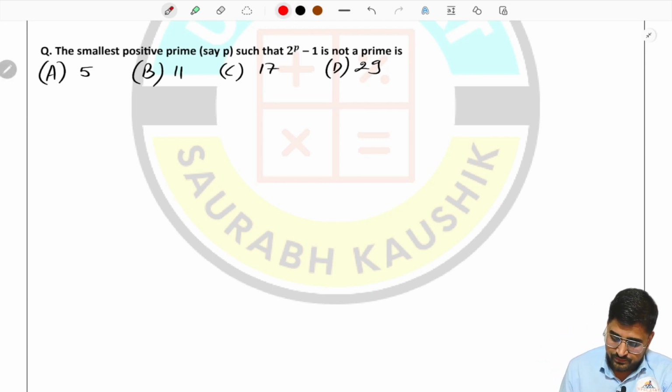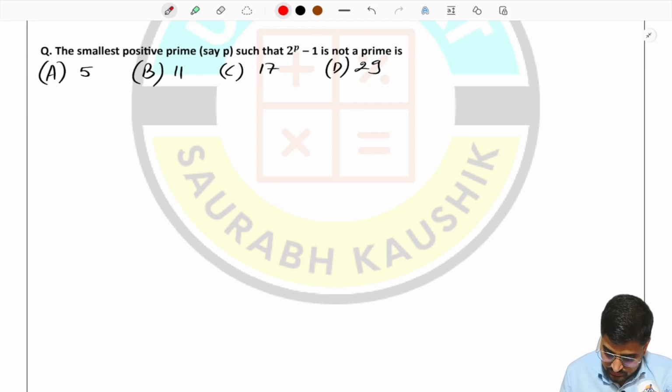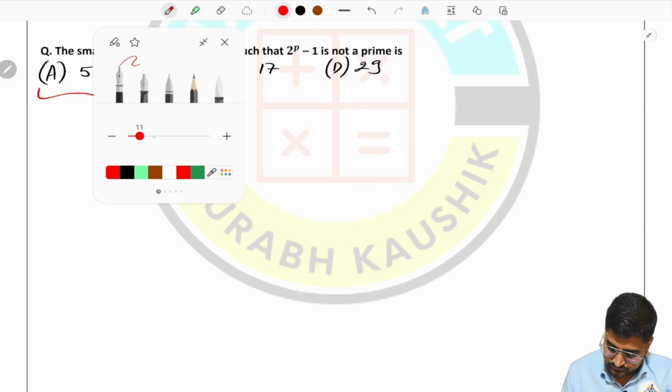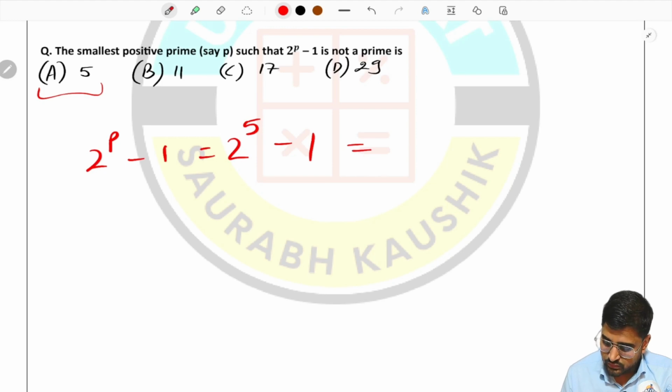So what does the question say? The smallest positive prime, say p, such that 2 to the power p minus 1 is not a prime number. Okay, smallest positive prime number they are saying. Okay, no issues. Let's start by taking the first option itself. 2 to the power p minus 1, we are putting the value of 5 here. 2 to the power 5 minus 1 is equal to 32 minus 1, 31, which is a prime number.